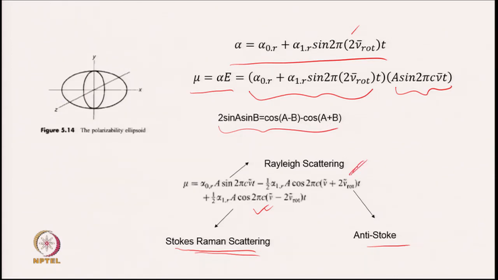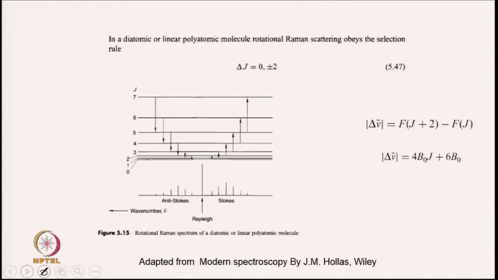So, this is your cos A plus B and this is your cos A minus B. This is your typical rotational spectra. In this diatomic or linear polyatomic molecule, the selection rule for rotational Raman scattering is delta J is equal to 0, plus minus 2, and this is wave number.